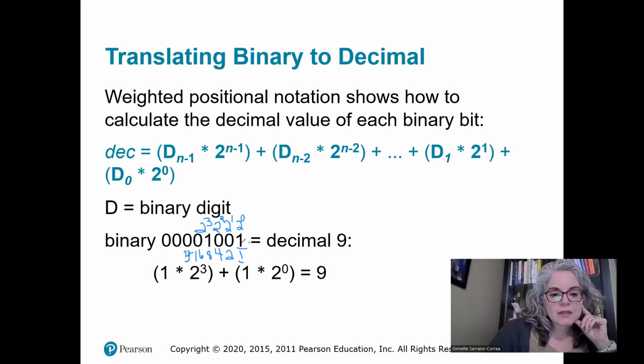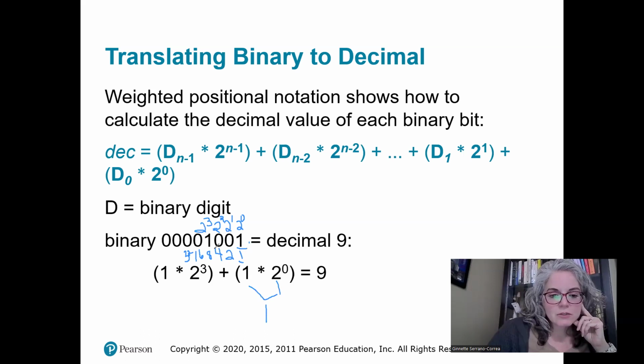So what you do is you take this 2 to the power of 0 and you multiply it times this 1. 2 to the power of 0 is 1. 1 times 1 equals 1. Now this is 0 right here. So this is going to be 2 to the power of 1, which is 2. 2 times 0 is 0. So if there's a 0, you don't have to calculate it because anything times 0 is 0. We're just going to calculate the ones that have a 1.